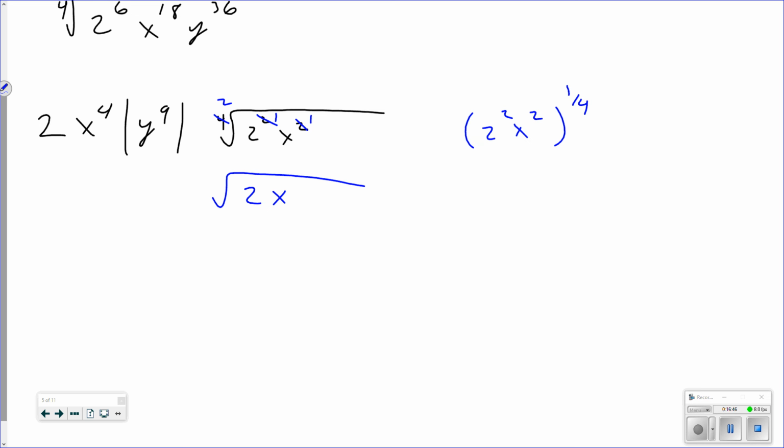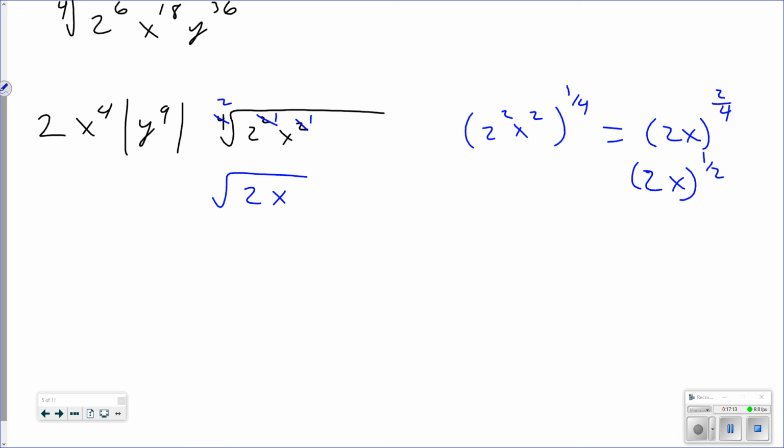I can factor out a 2 to get 2x to the 2/4. So reducing the exponents in the root is just a faster way of reducing the numerator and the denominator. Because the exponent is your numerator, the root is your denominator.